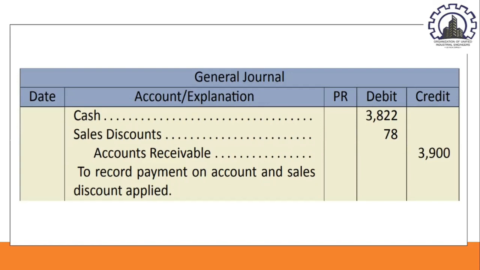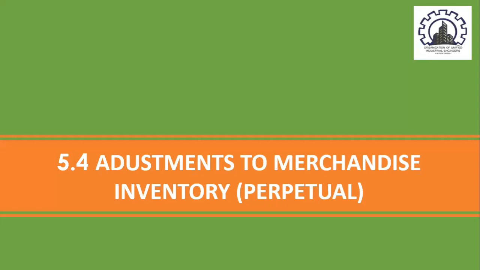All right, I think that's a good place to stop on our third key area. So let's now move on to our fourth key area, which is adjustments to merchandise inventory applying the perpetual method. Now, in order for us to verify that the actual amount of merchandise inventory on hand is consistent with the balance recorded in the accounting records, a physical inventory count must be performed at the end of the accounting period.